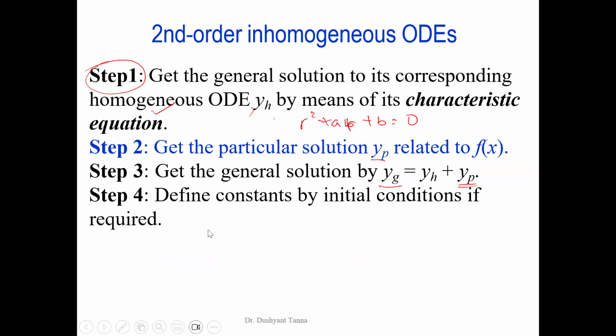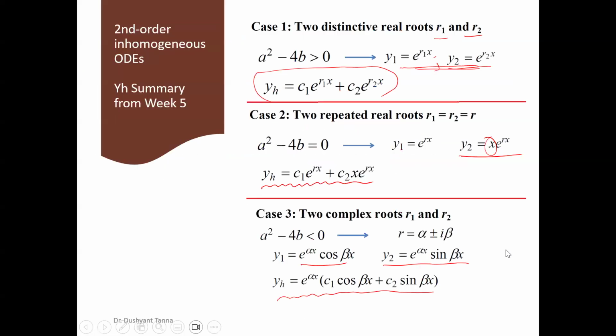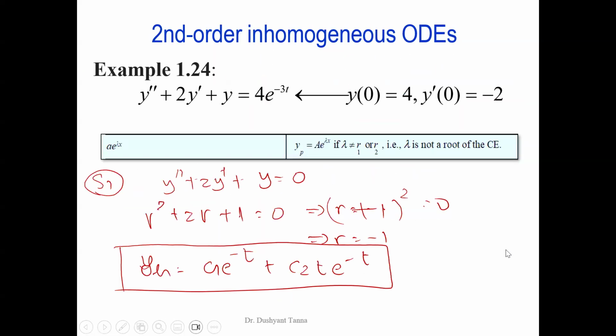You could have merged this step after step 1 if you wanted to. Get a particular solution, because the particular solution will not have any constant because of how we compute it. Then yg is yp plus yh. Okay, that's fine. Let's follow the steps as given.